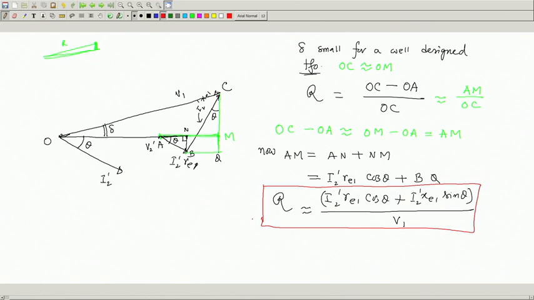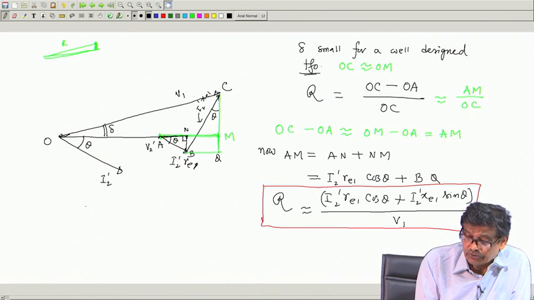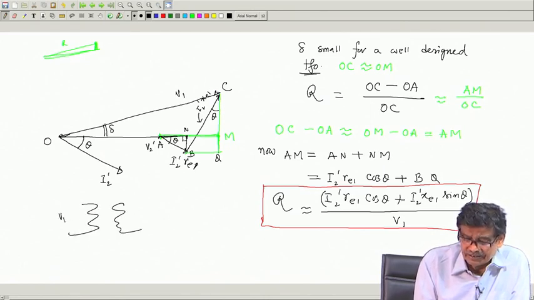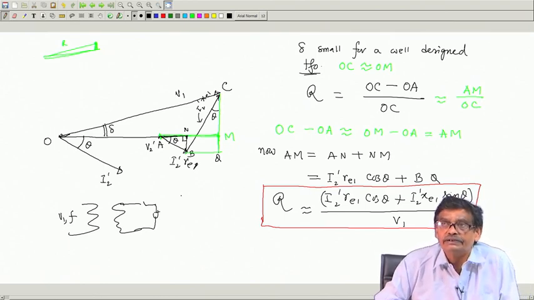Now, what is the use of this expression? Because regulation is so simple, otherwise even without doing mathematics, as I was telling, just energize it with rated voltage and frequency in the lab and then connect the load, measure with this switch open what is the voltmeter reading, close this switch with this load present, and take the difference of these two voltmeter readings divided by the open circuit voltage, and that will give you regulation.